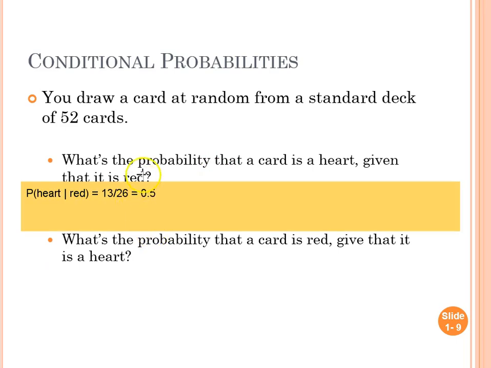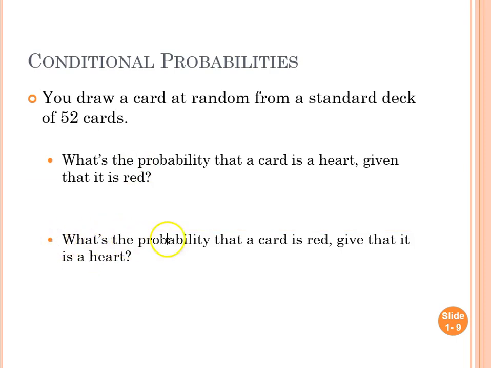So knowing that the card is a red card reduces the possible outcomes to 26, because there's only 26 cards that are red. And so that changes our probability that the card is a heart. There are only 13 hearts out of those 26 cards, and so only half of the remaining deck can be hearts. So the answer to this question is 0.5.